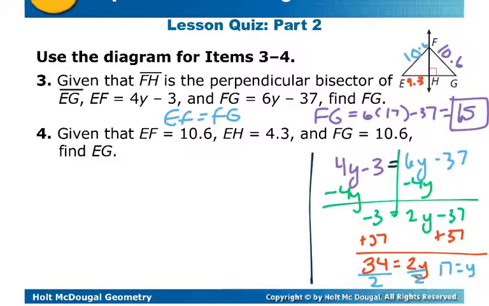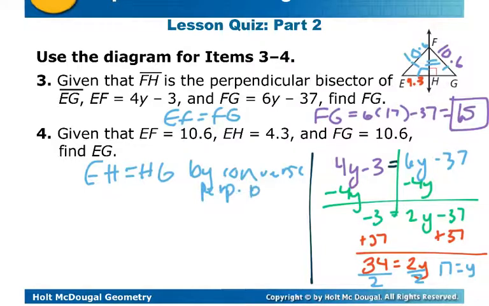And so because we know that these two sides are the same length, and therefore the reflexive property also works, and then this has to be 90 degrees for linear pairs, we can now say by the converse that we do have EH equal to HG. So EH equals HG by the converse of the perpendicular bisector theorem.